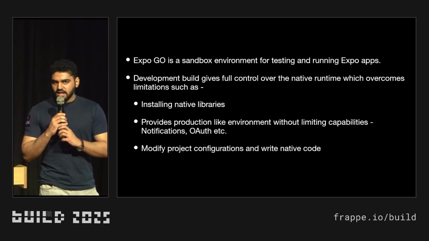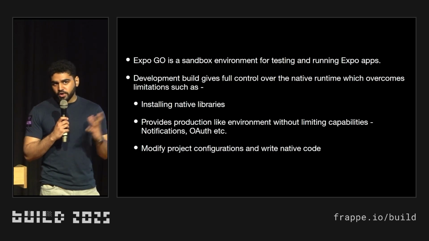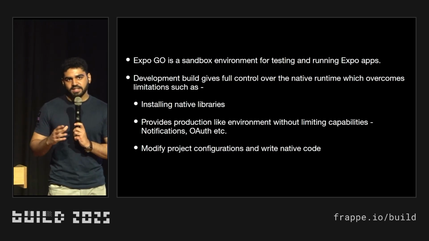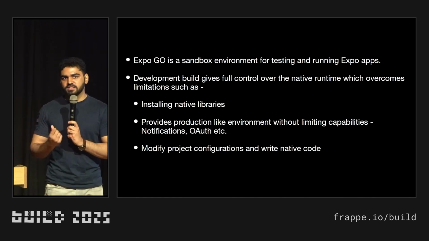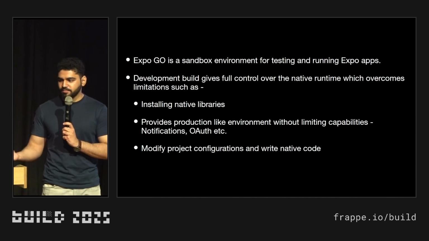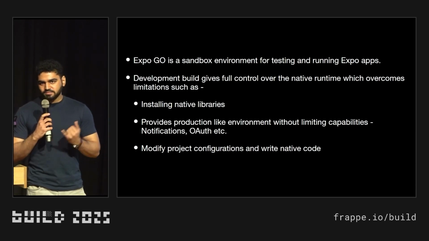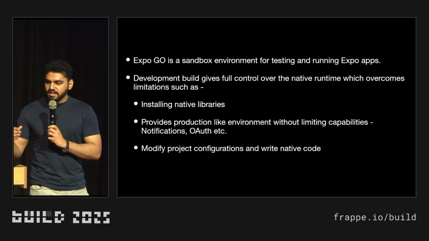A development build is closer to a production build. It is basically a production build, but it has packaged some debugging tooling from Expo, like the Expo debugger and element inspector.